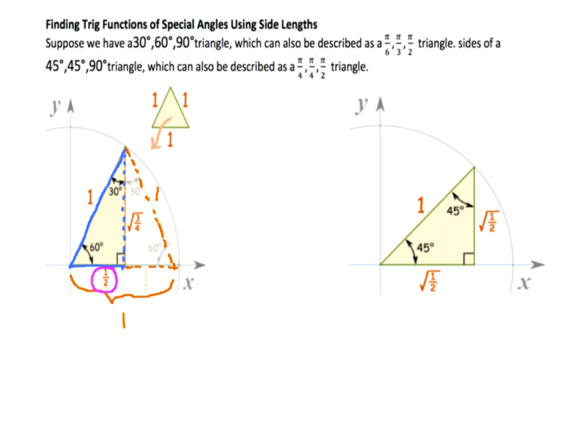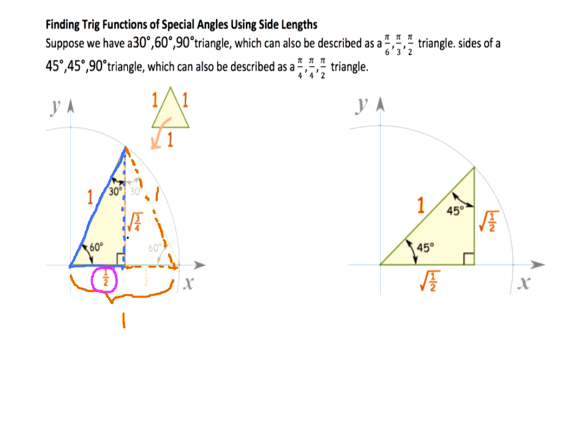From there, I use my Pythagorean theorem, which we know comes from right triangles, to figure out that the length of the opposite side, which is the height of my triangle since I've dropped it down from the vertex perpendicularly to the opposite side, is equal to the square root of 3/4.